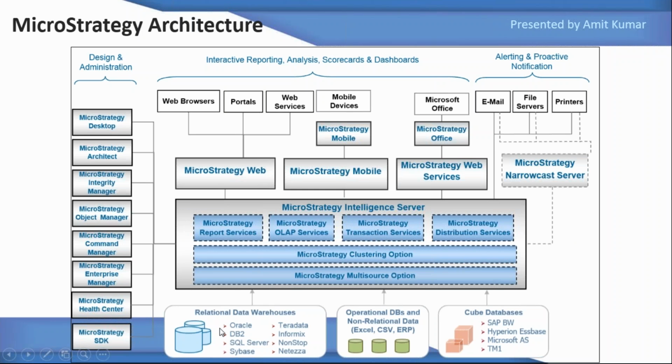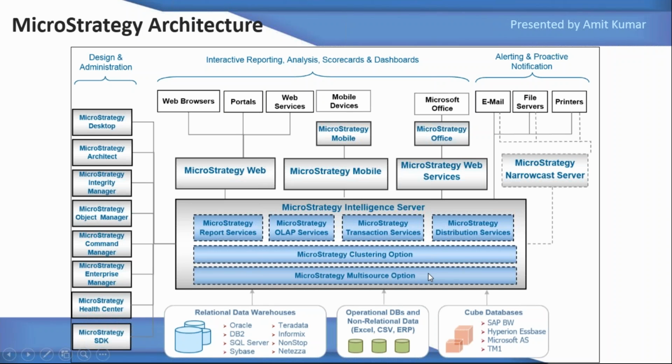In the server, there are various units: MicroStrategy reporting services, OLAP services, transaction services, and distribution services. These all have different functionality. I'll tell you what this functionality is in the next slide. Also MicroStrategy cluster option and multi-source options.